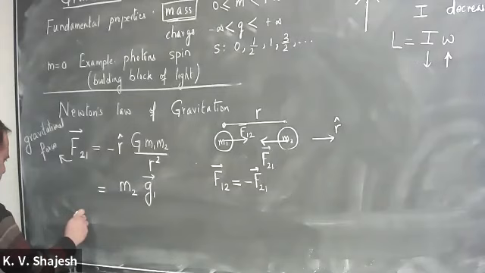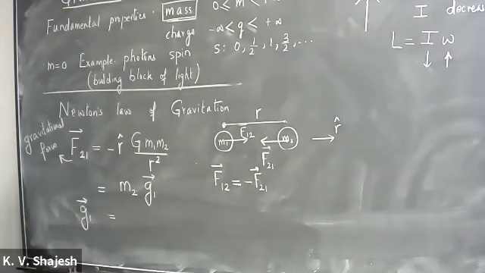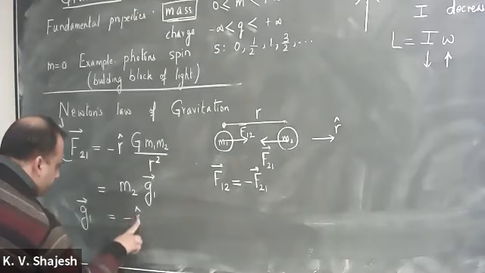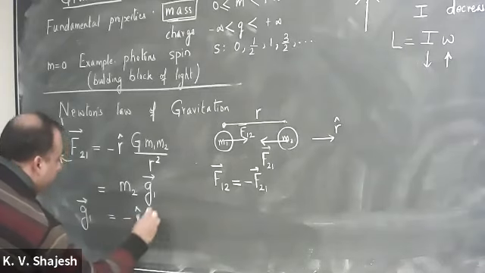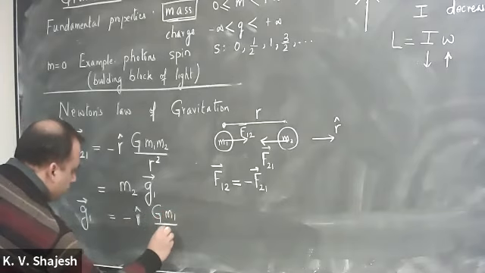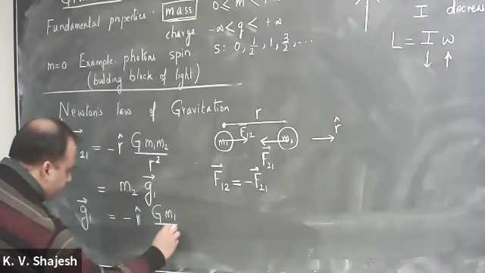So let me write this down first. There's g1, which is equal to minus r hat, G m1 over distance r squared.